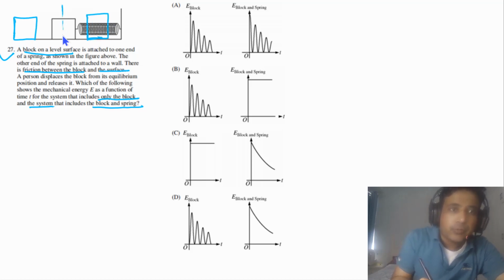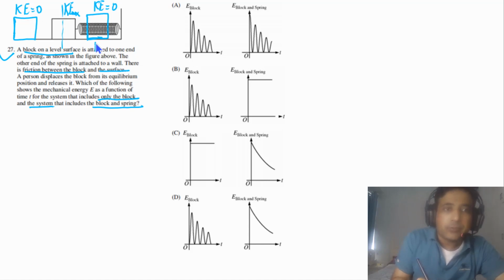At this point, kinetic energy will be maximum, so we can say KE will be maximum. At this point, KE will be equal to 0, and at this point KE also will be equal to 0, and at this point EPE will be maximum.